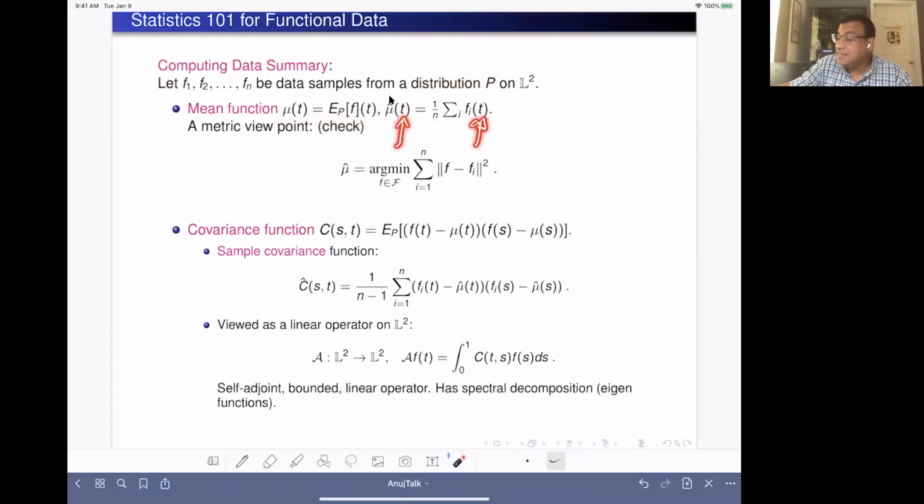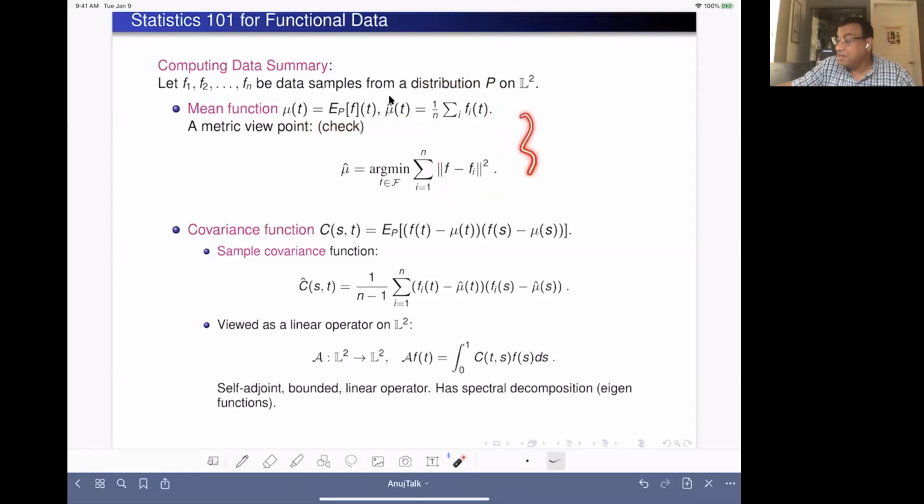So this is a natural estimate for the mean of functions sampled from a population. There is another way of looking at it: under the L2 norm, this mean is actually the point that minimizes the sum of squares of distances to the given data. That's another way to understand this definition of mean.